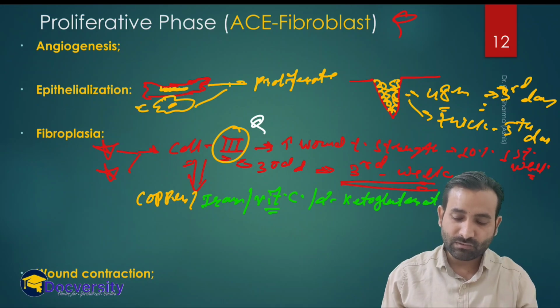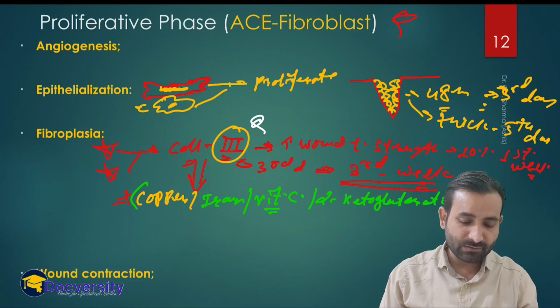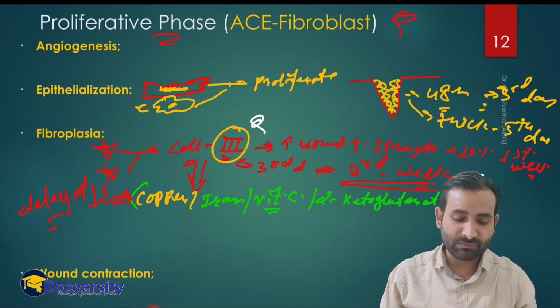Is that okay? So all of these help in collagen synthesis during this phase. If these nutrients are deficient, then wound healing will be delayed. So they can ask you in the exam, during the proliferative phase, what are the nutrients we need for wound healing? That means we need copper, iron, vitamin C and alpha ketoglutarate.